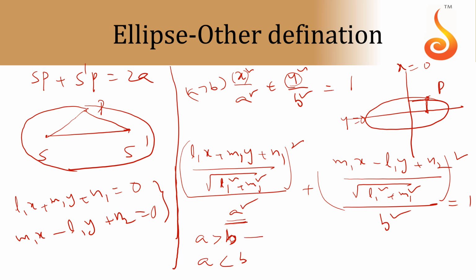If a is greater than b, now you tell me which will be the major axis. When a is greater than b, the major axis will be M1x minus L1y plus N2 equal to 0, and the minor axis will be L1x plus M1y plus N1 equal to 0. If a is less than b, L1x plus M1y plus N1 equal to 0 is the major axis. The other one will be the minor axis.